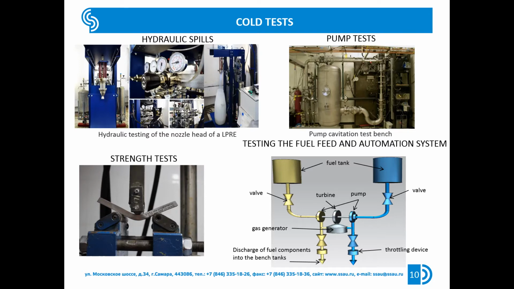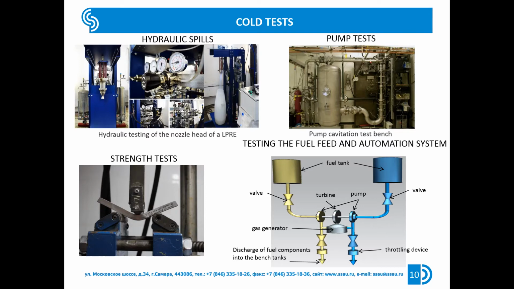These tests can be conducted both with natural and model working fluids. For example, liquid nitrogen can be used instead of liquid oxygen, which considerably simplifies the testing technology, since the risk of explosion or fire is excluded.